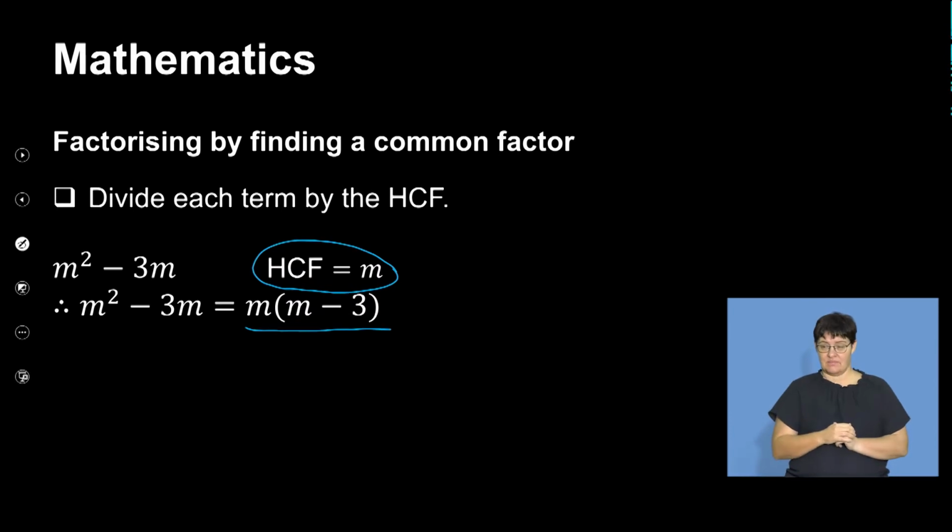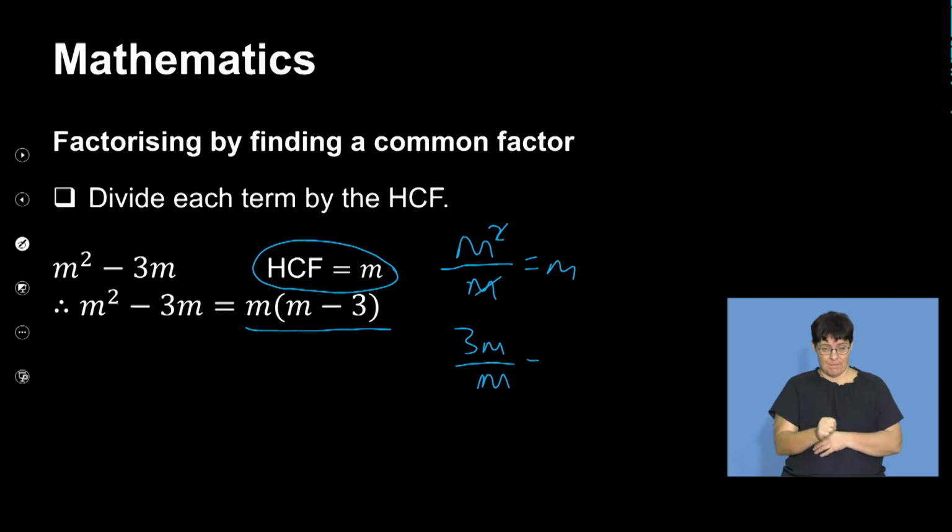Let's start with the first one. M squared divided by m will then give me just m. And if I take the 3m divided by m, it will then give me just the 3. Hence, inside the bracket, I have m and I have 3 there, and then the m outside.